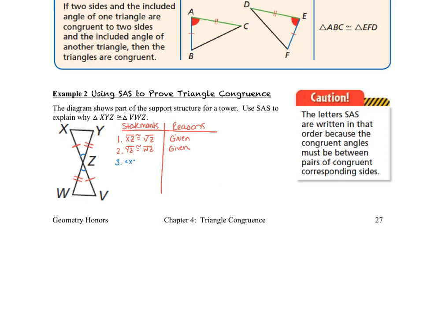I can call it angle XZY is congruent to angle VZW because of vertical angles, the vertical angle theorem.